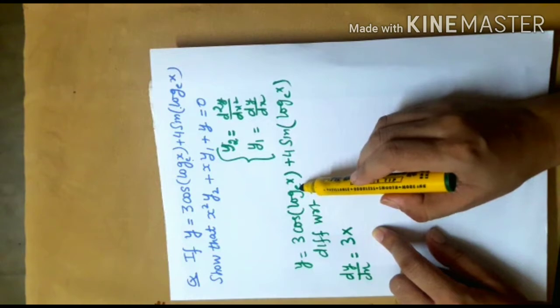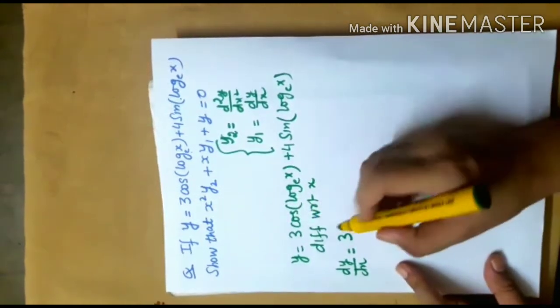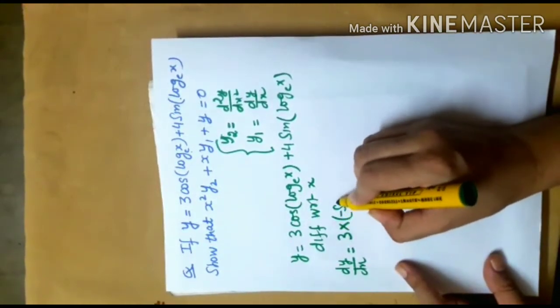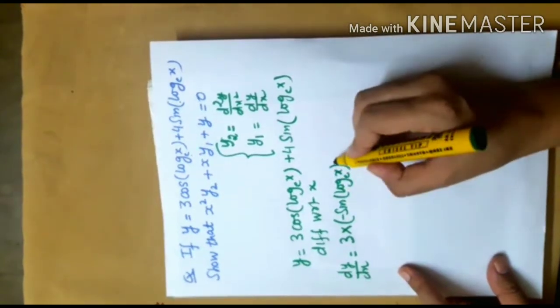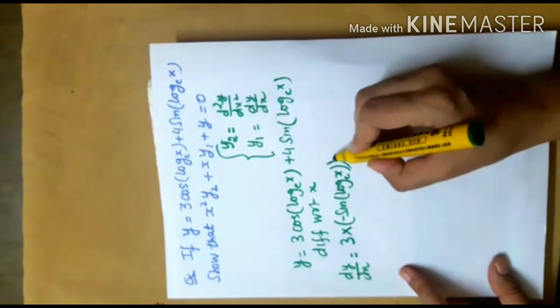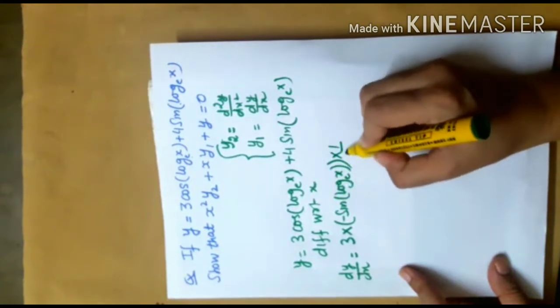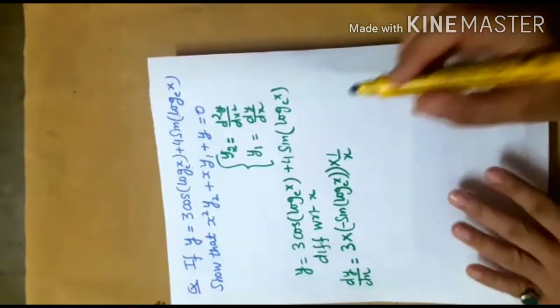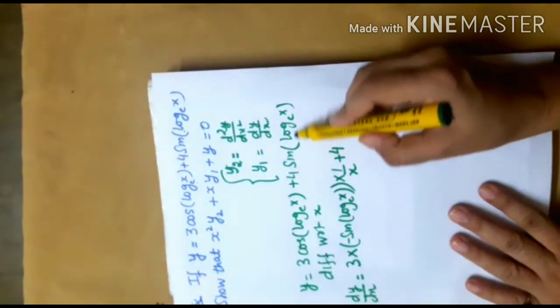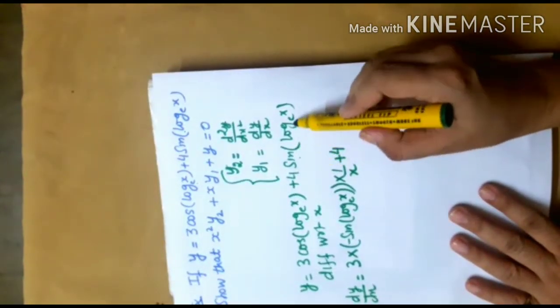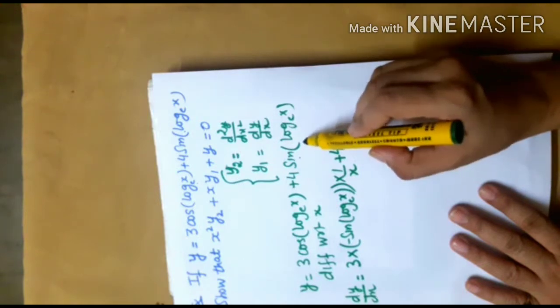So I'll apply the chain rule. Derivative of the outer function is minus sine log x into derivative of the inside function, which is 1 by x, plus 4. Similarly here, it is a composition of the cos x function and log x function, so I'll apply the chain rule.